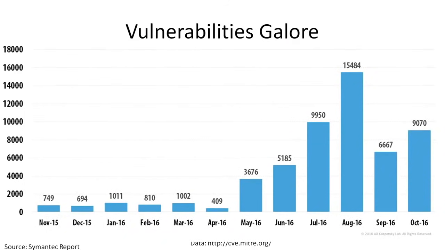Now obviously various antivirus companies are working very hard on removing ransomware and recognizing the signature of ransomware, but they modify themselves. So this graph shows that the first few ransomwares were modified only about 750 times, and then in August of '16, 15,484 times, and then in the last few months it's been less.